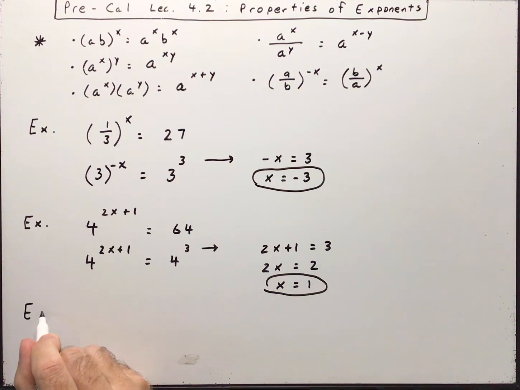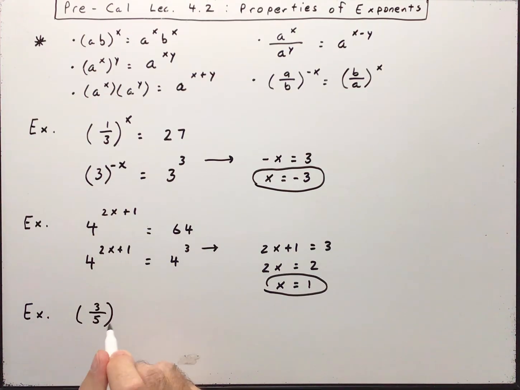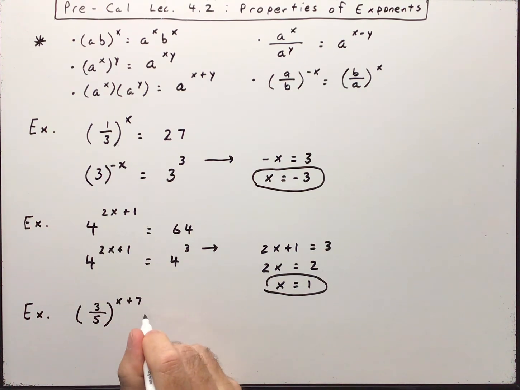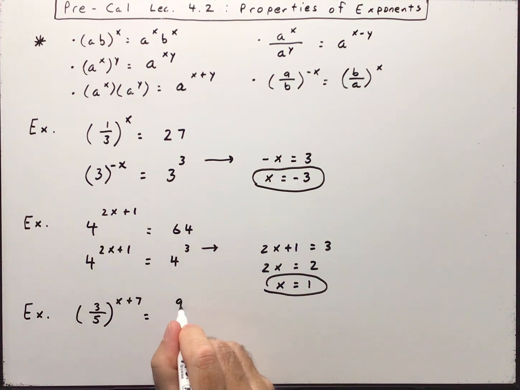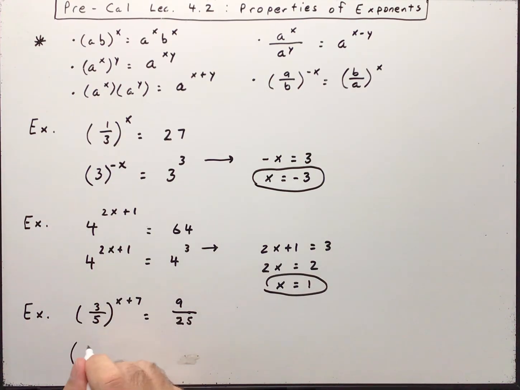All right, let's try to shoehorn in one more before I erase. Let's say we have 3/5 to the x plus 7 is equal to 9 over 25. So could I rewrite 9 over 25 in a way that would give me a common base? How about we try to rewrite 9 over 25 as 3/5 as the base?